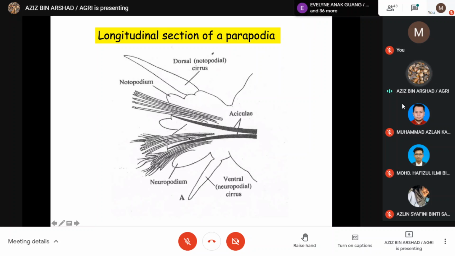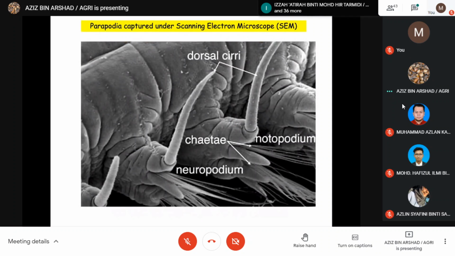Noto is on top, the bottom one is neuropodia. And there's a seta. The shape of the setae here is very taxonomic. It's different from one species to another. You can see even clearer under the scanning electron microscope, the presence of the parapodia.